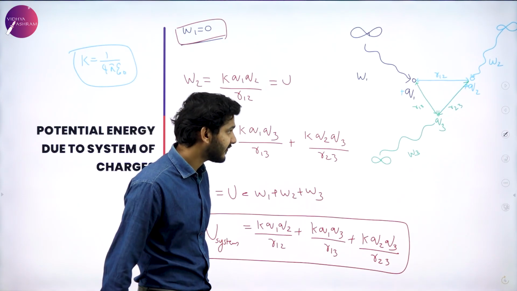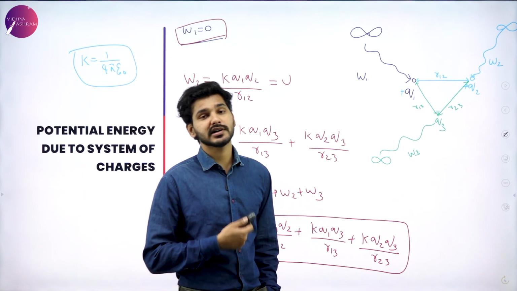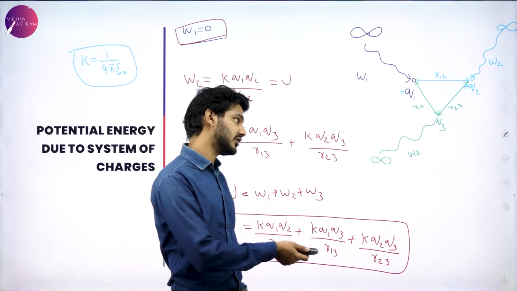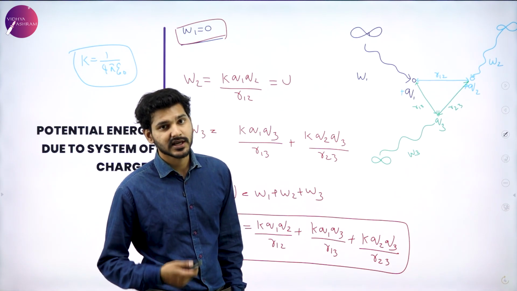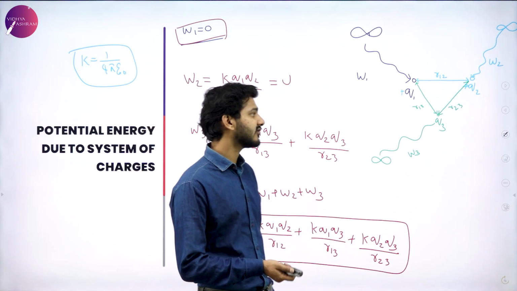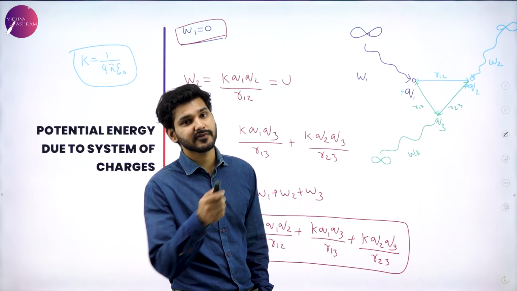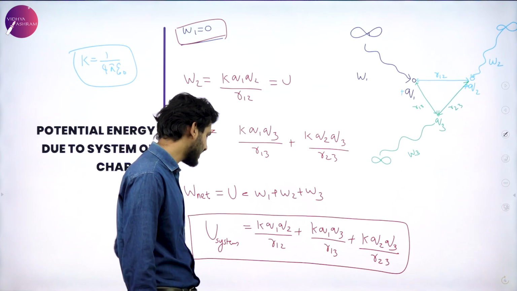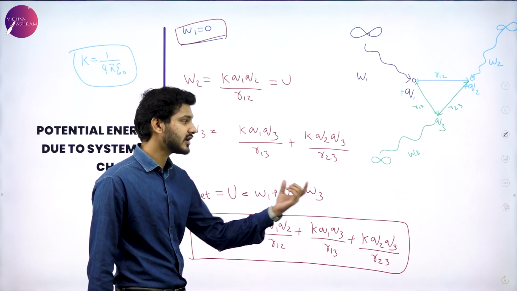And finally, we found out the potential energy due to a system of charges. Here we took the example of 3 charges. If you want to take the example of 4 charges, it is very similar. You only have to consider the work done in bringing the 4th charge from infinity to that particular point and add that to the initial W1, W2 and W3.